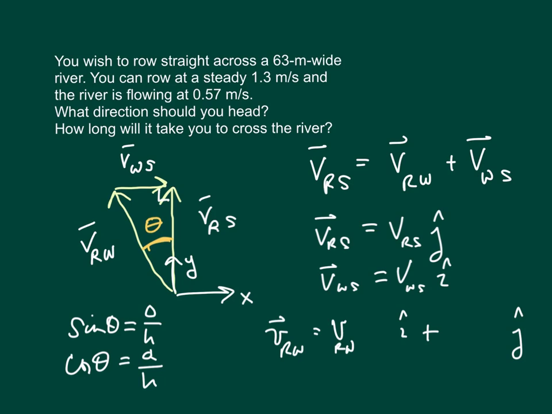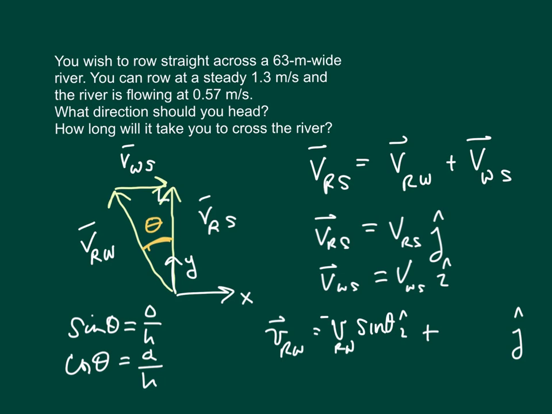So to get this, we're going to have the opposite over the hypotenuse. So that's going to be the sine of theta. So we're going to write that as the sine of theta then. And you might notice that this component of this vector is actually in the minus x direction, minus i hat.